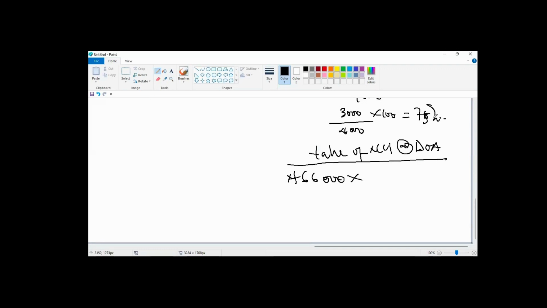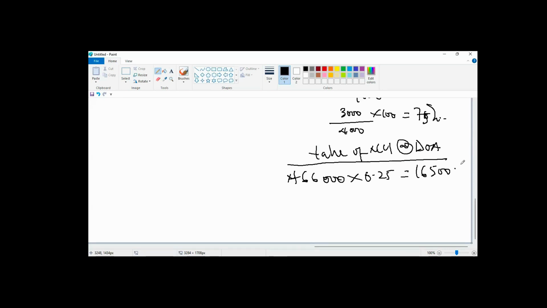So the remaining 25% belongs to NCI, 0.25, which will give me 16,500. That is what he's saying.